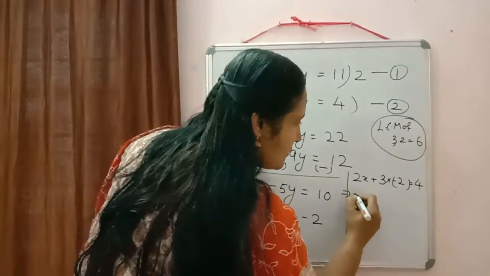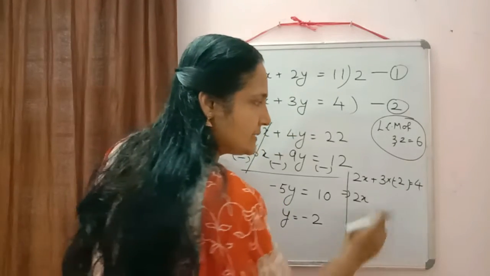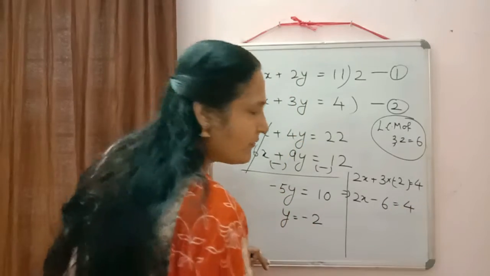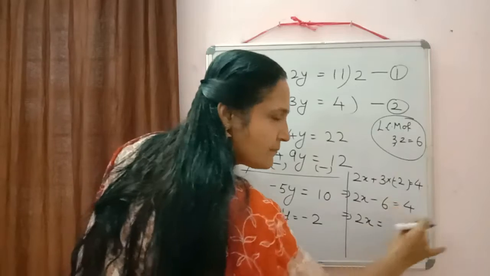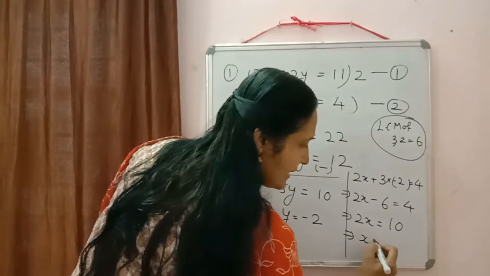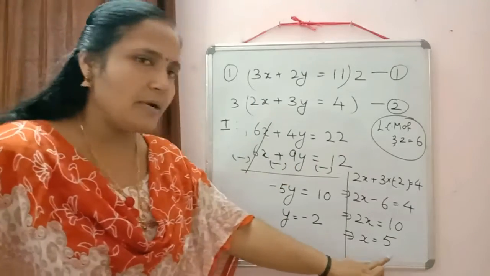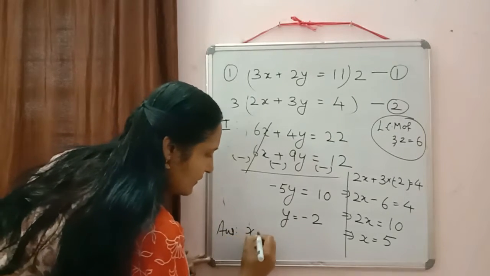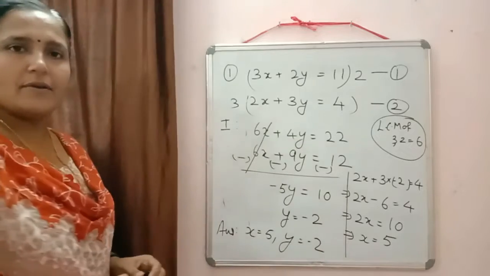So we will get 2x plus 3 into minus 2, which is minus 6, is equal to 4. Then we get 2x is equal to 4 plus 6, so that is equal to 10, and then x is equal to 5. So we are getting x is equal to 5 and y is equal to minus 2. You can write down the answer here: x is equal to 5 and y is equal to minus 2.